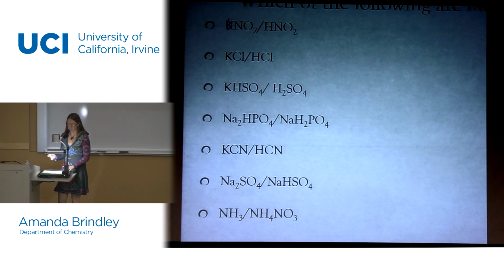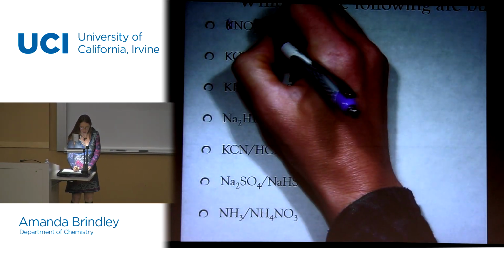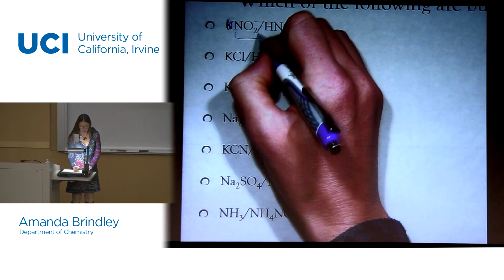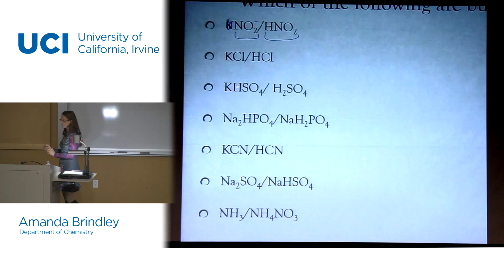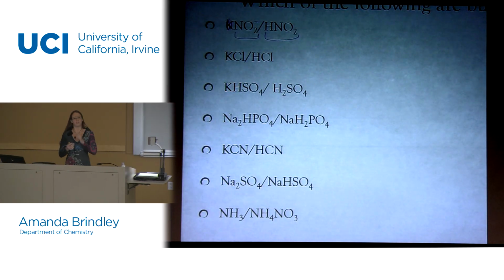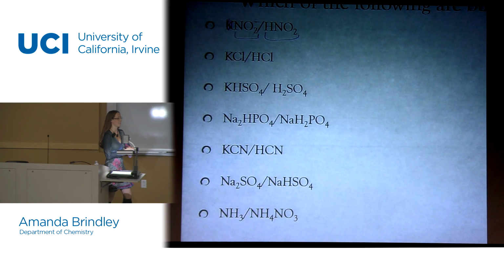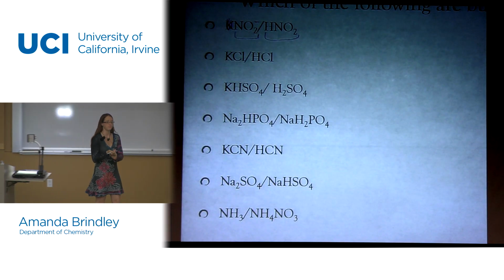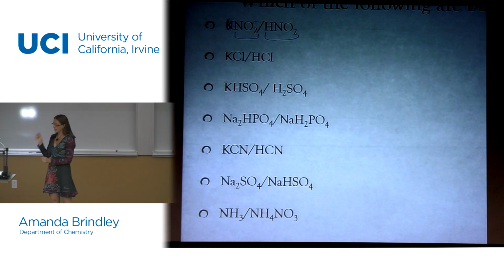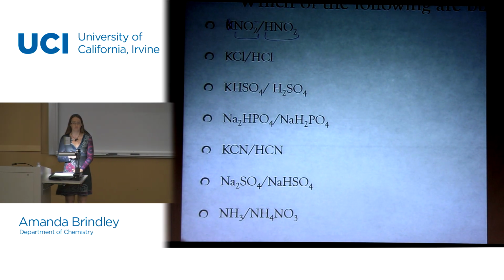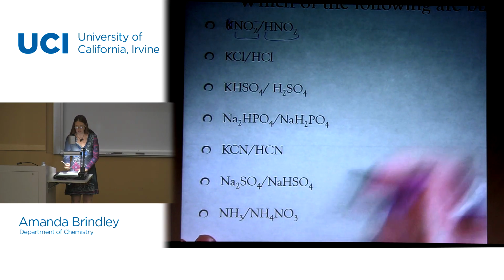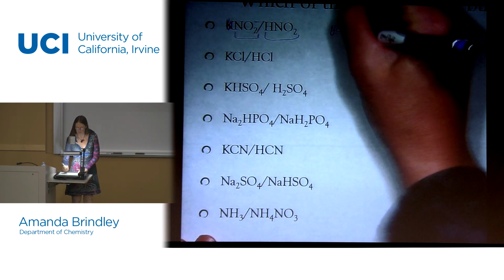So we can just ignore it. So now we have NO2 minus and HNO2. First of all, what is HNO2? What's the name of that? Nitrous acid. Is that a weak acid or a strong acid? A weak acid. And is NO2 minus its conjugate base? Yeah, so is this a buffer? Yes.